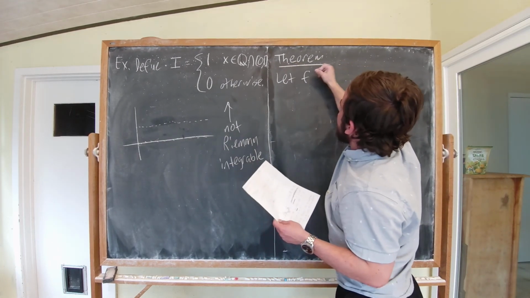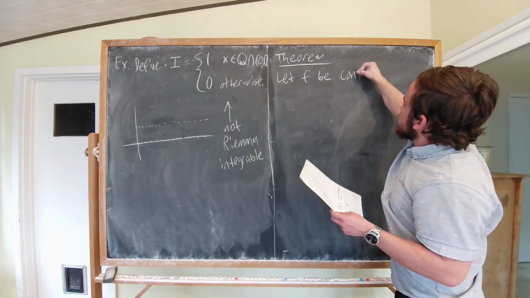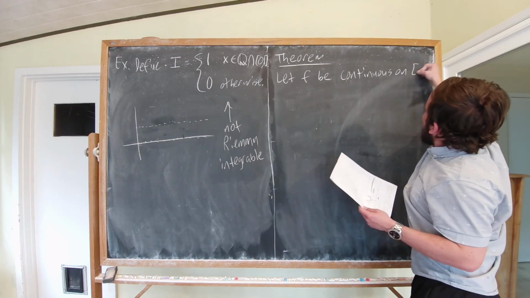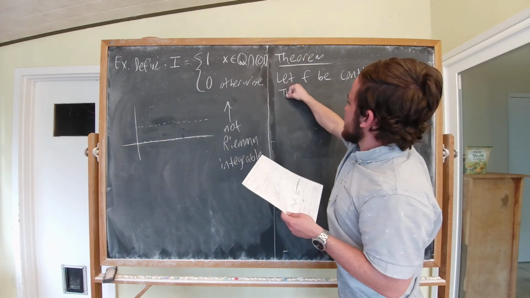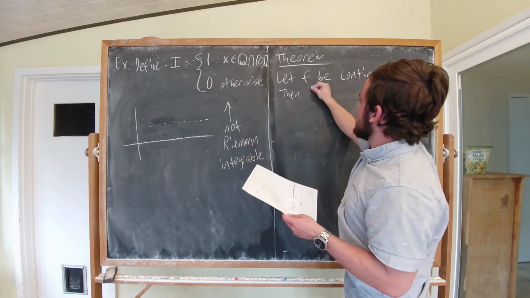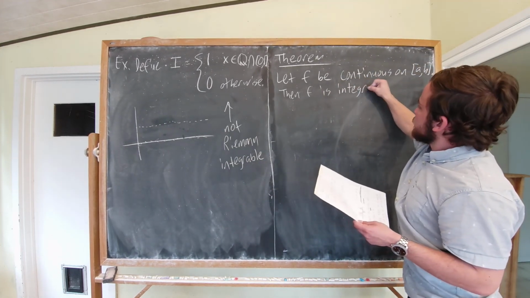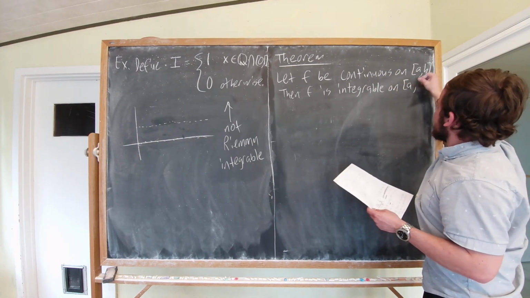Let f be any continuous function on a to b. Then f is Riemann integrable on a to b.